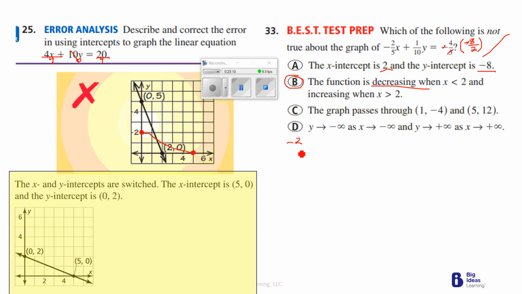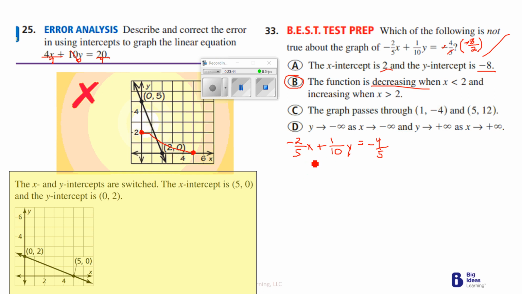This was -2 over 5 x plus 1 over 10 y equals -4 over 5. So let's see, no matter what, it should come up equal, right? So if I put x at 1, it says the graph passes through these when x is 1 and -4.